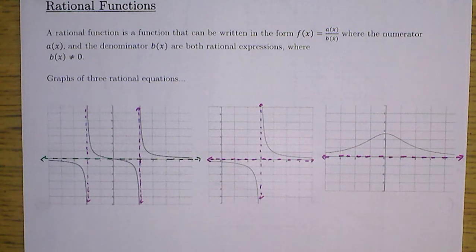What I would like you to take away from the warm-up video is that we have really important lines called asymptotes. So the first half of this lesson is to understand what an asymptote is, what asymptotic behavior is, and where I can find the asymptotes.